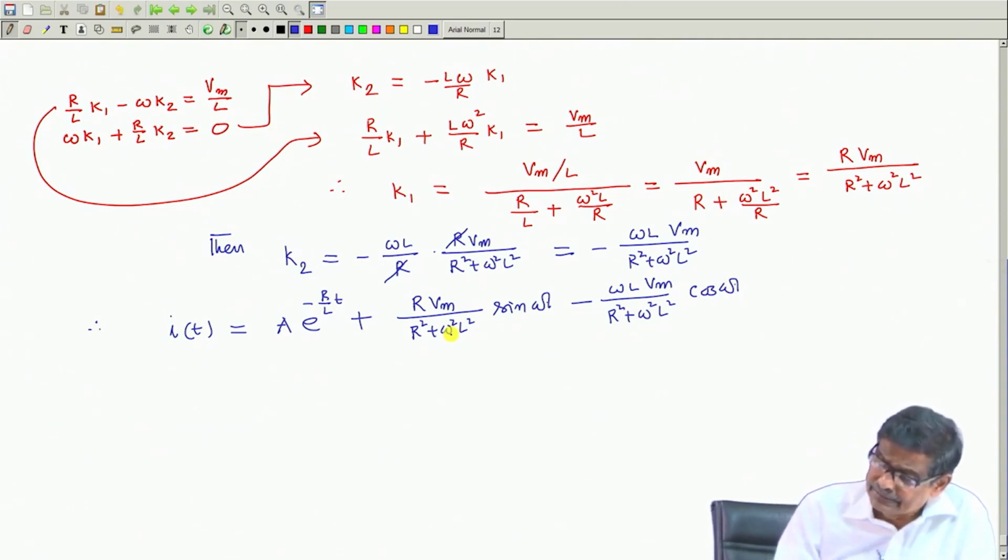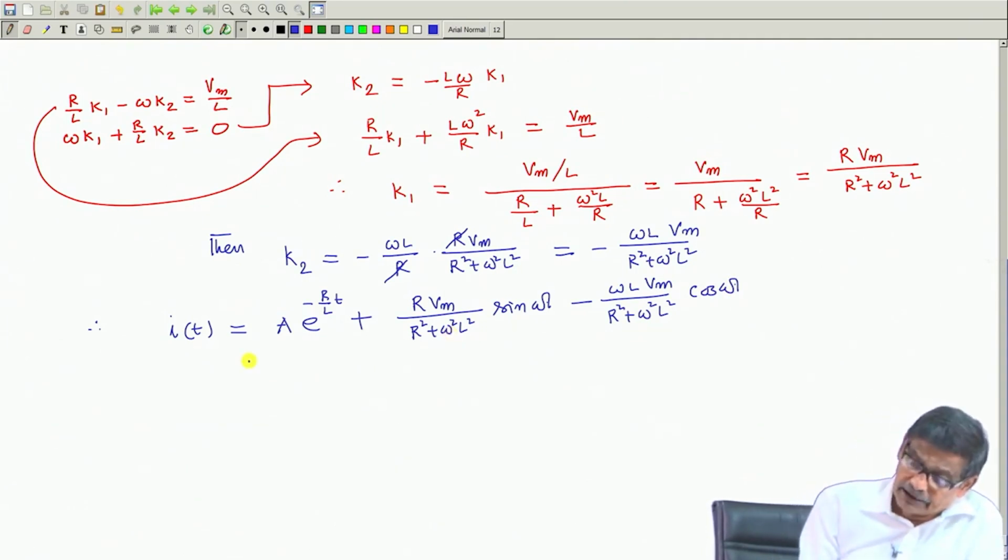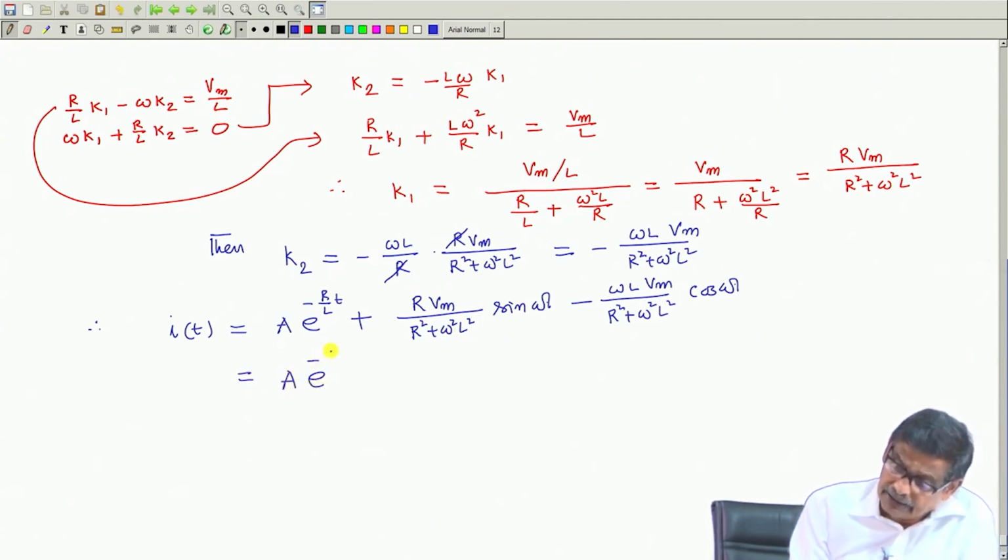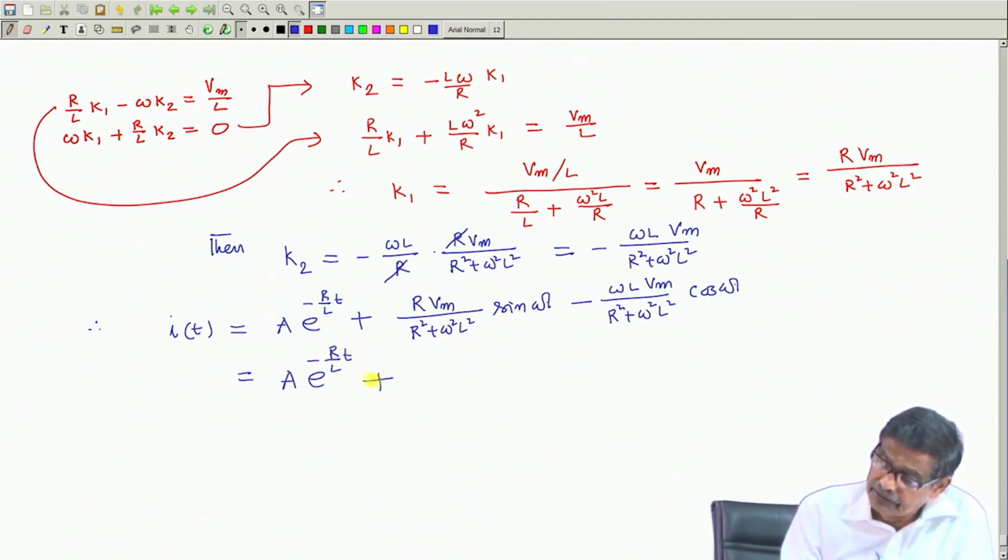Only thing is this can be manipulated a bit and written in this form. Here what you do, you take V m by square root of r square plus omega square L square common from these two terms.